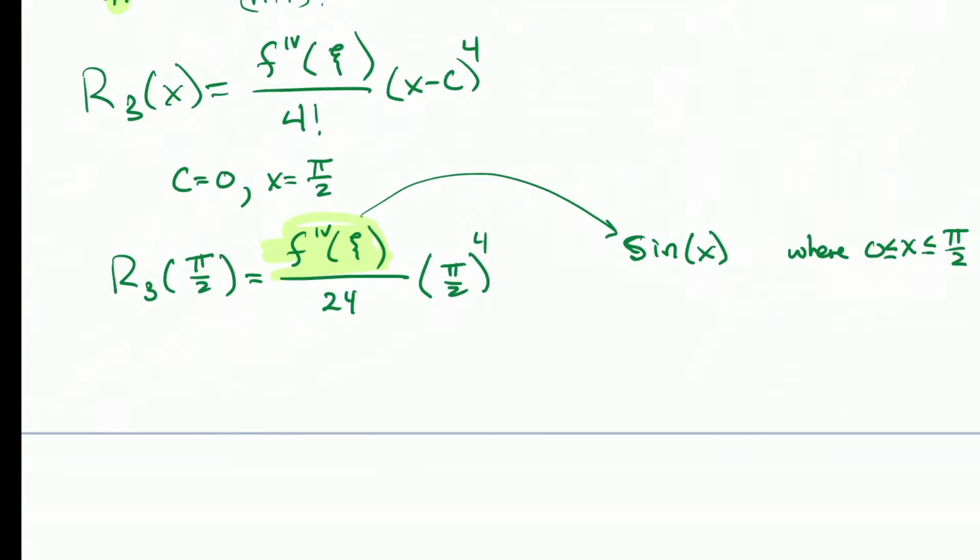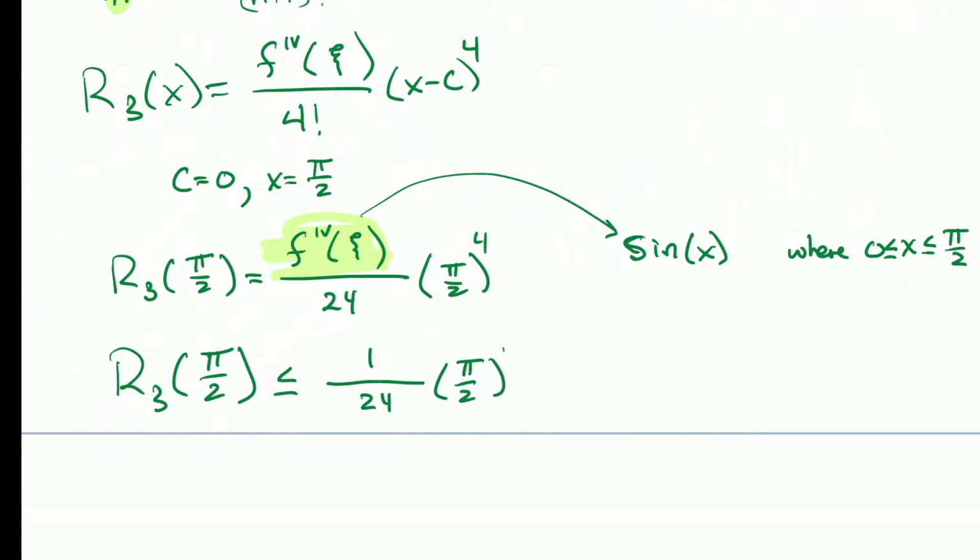So what that means is that my remainder is going to equal some number between 0 and pi over 2. You're going to plug some number in here, but the worst it could be is always less than or equal to 1. That's the idea there, and then this is going to be pi over 2 to the 4th. Let me see what this is on my calculator to see how far off I could be.